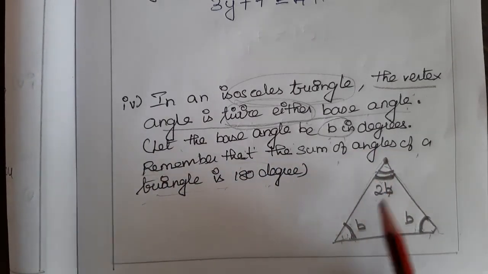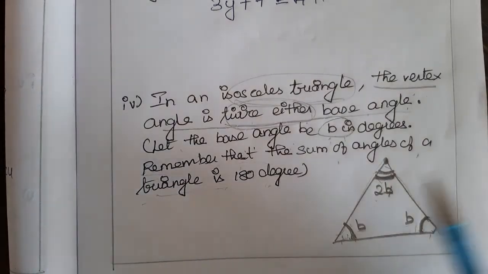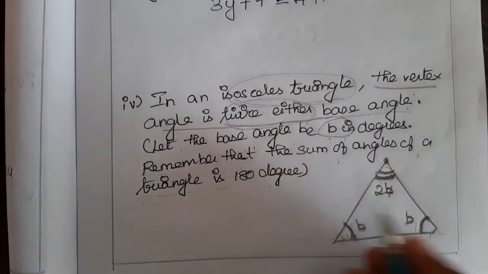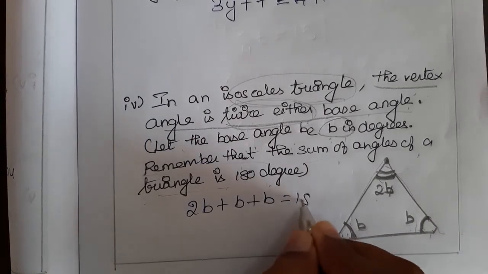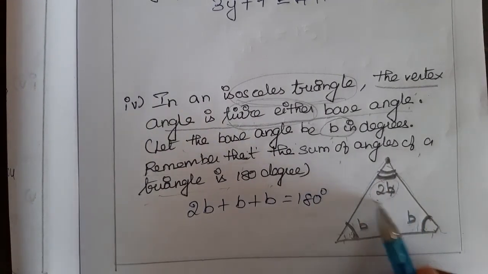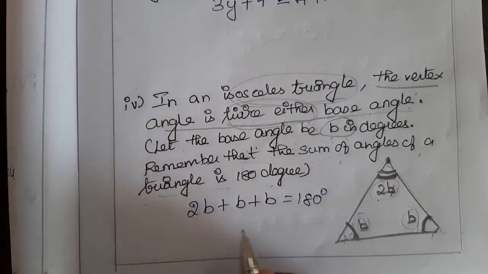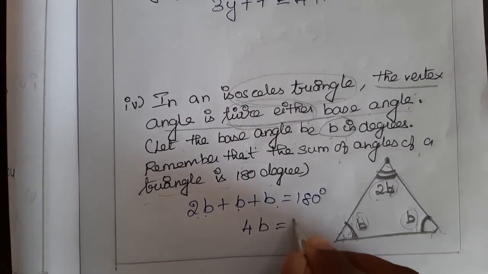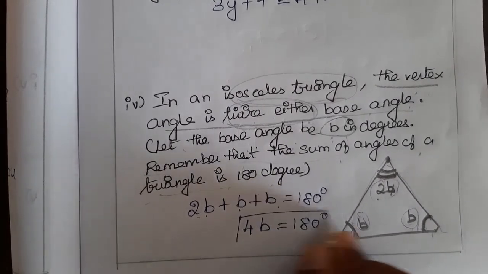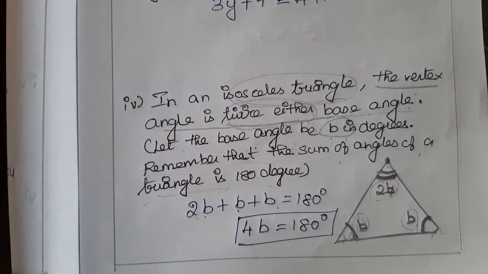If you add the 3 angles, you will get 180 degrees. So 2B plus B plus B is equal to 180 degrees. We can write it as 4B is equal to 180 degrees. This is the required equation. Thank you, children.